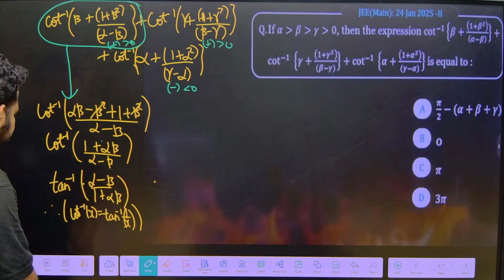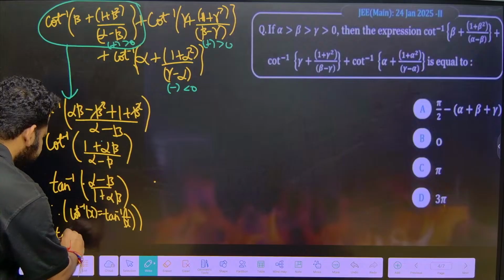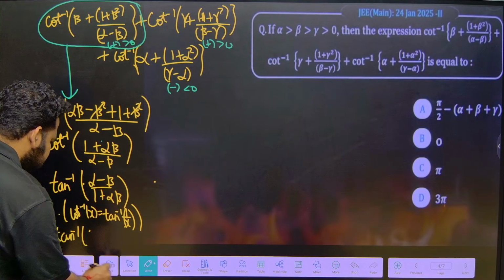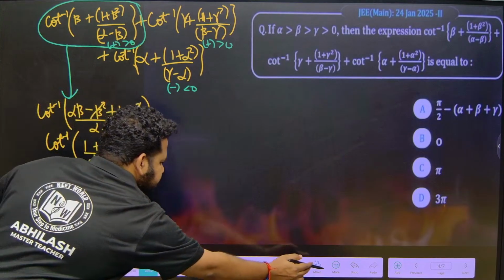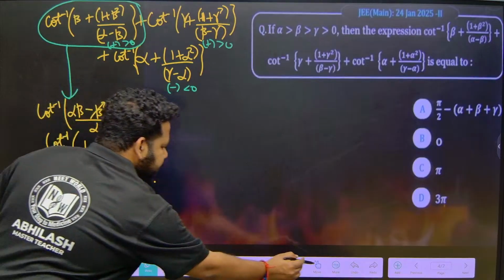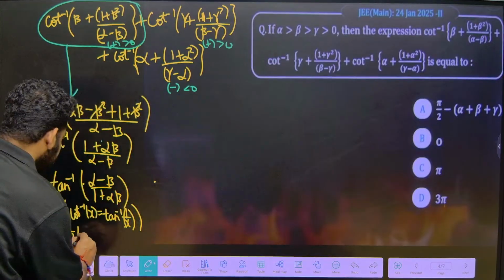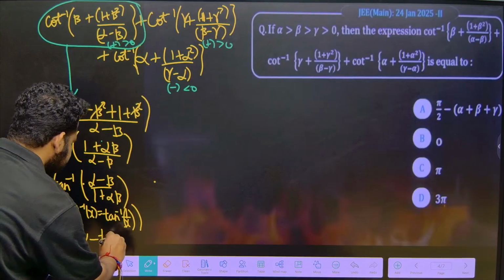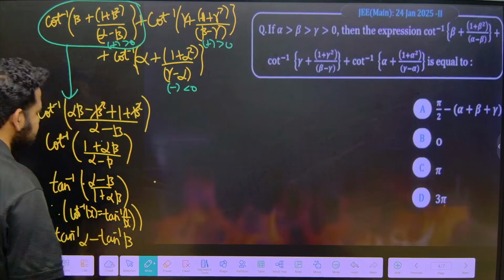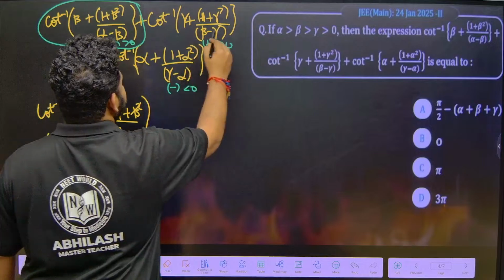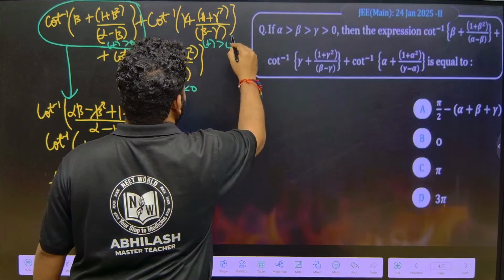So this will become tan inverse of alpha minus tan inverse of beta. Similarly, if I take this one, here it is a positive value.